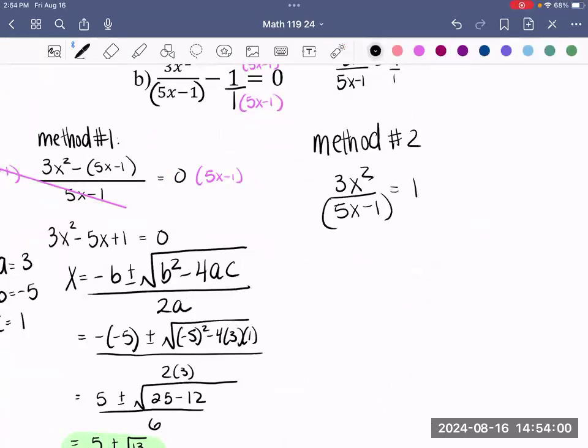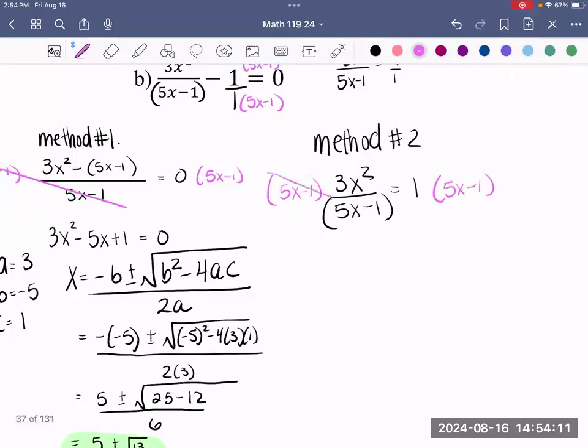It has to be this whole thing multiplied by x. So we can say 5x minus 1 on one side, and what you do to one side, you do to the other side. And that'll allow us to cancel that term. You're left with 3x squared is equal to 5x minus 1. And then in this case, we would just have to bring all of your terms over to one side.